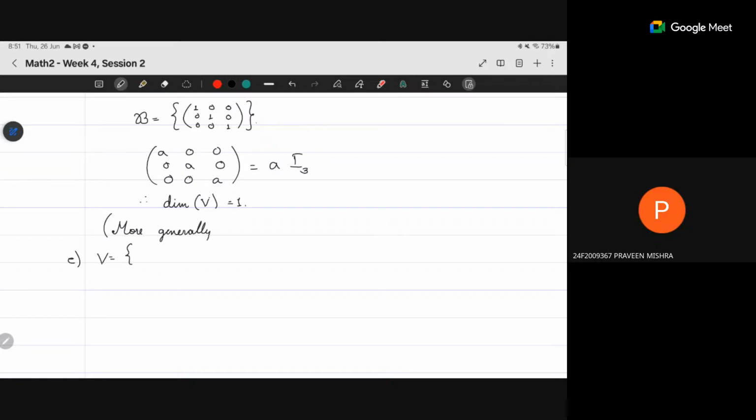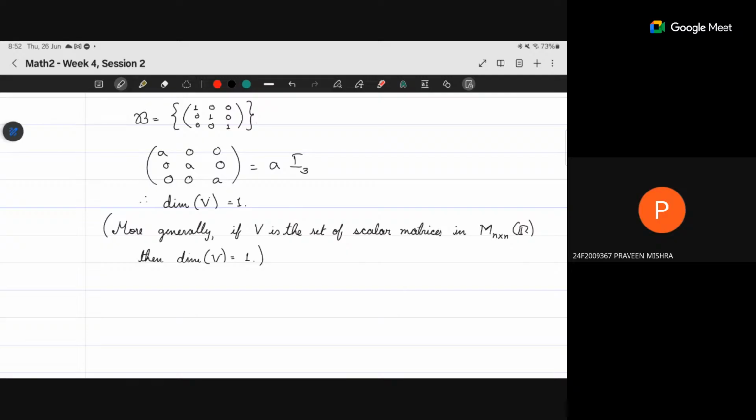More generally, if V is the set of scalar matrices in n cross n, then dimension of V is 1. Is this fine?